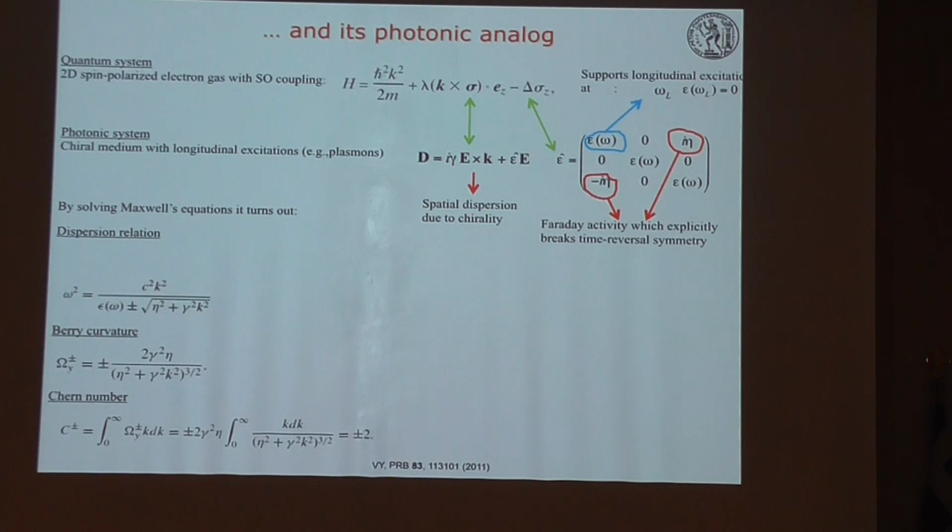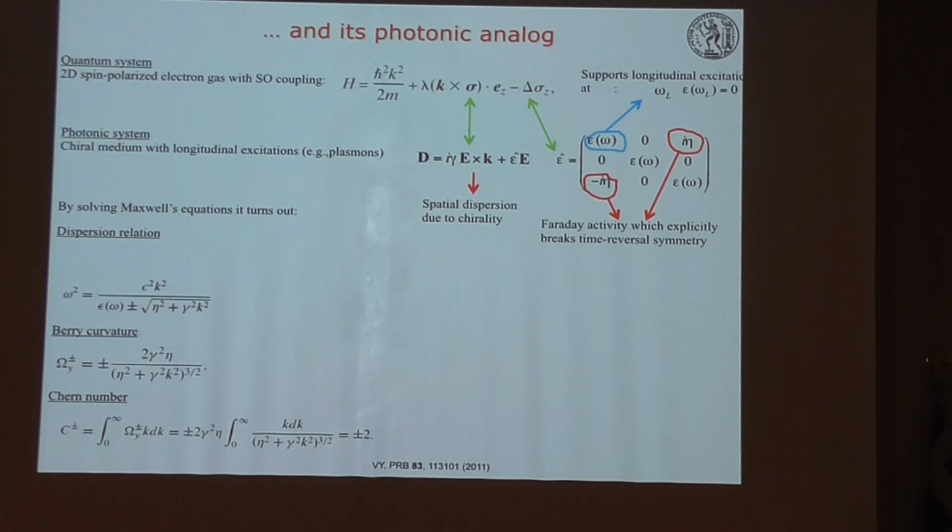So by solving Maxwell's equations for such a chiral system supporting plasmons, we get a non-zero Chern number and Berry curvature.